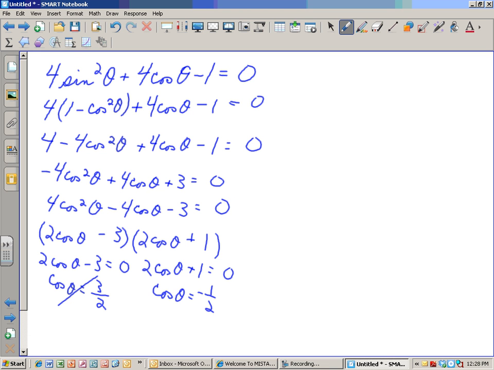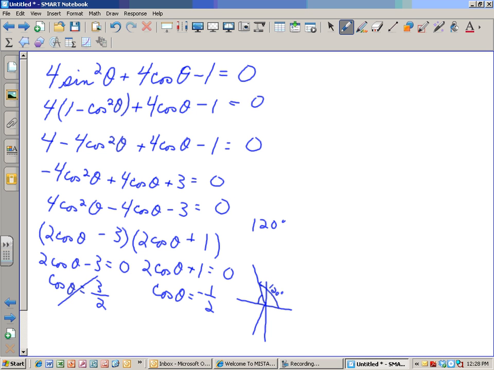It's negative. I know I'm in the second quadrant and the third quadrant. That's where cosine is negative. I'm going to have two answers. I know that cosine of 60 degrees is 1/2. But I'm in the second quadrant. There's my 60 degrees. That's 120, isn't it? Yes?